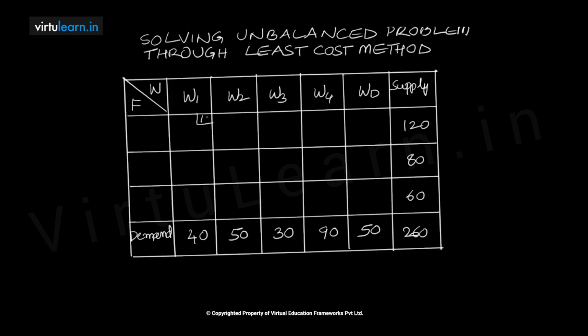And the cost of transportation: 10, 15, 6, 9, 0. For all these it is 0 only, because we are not going to actually transport any of those units. Then 7, 13, 7, 8.